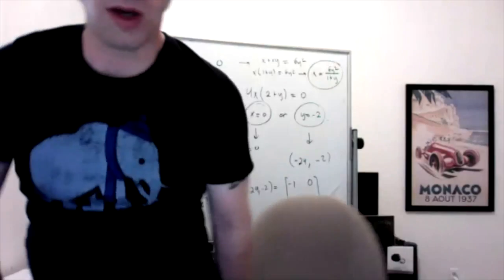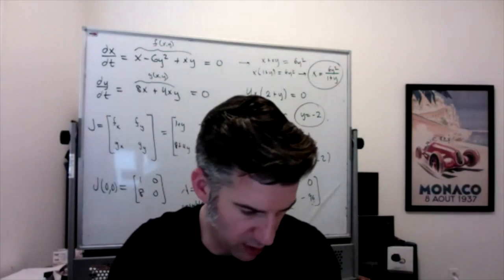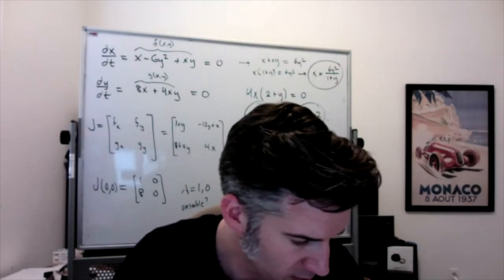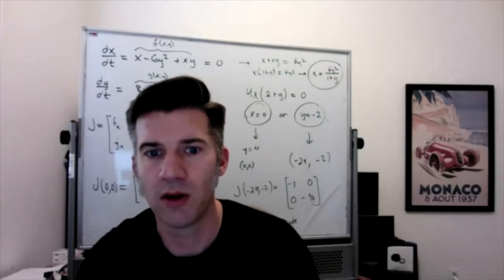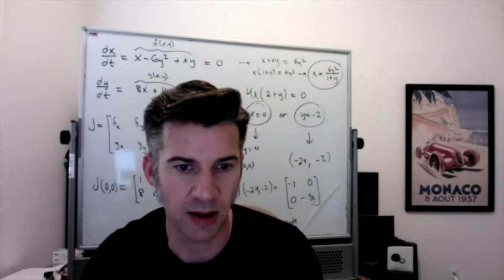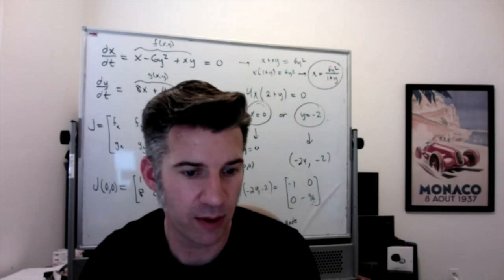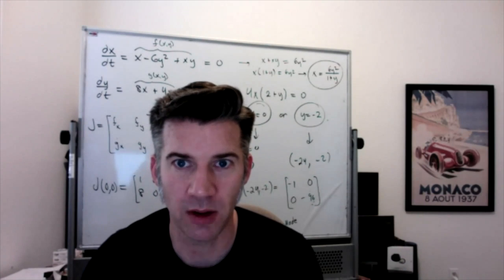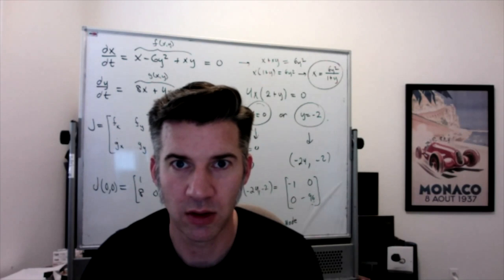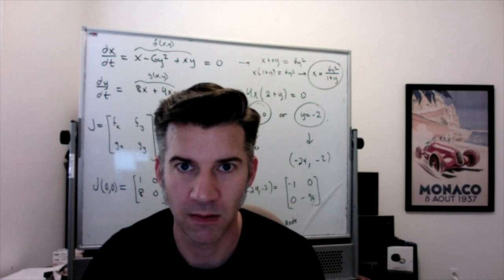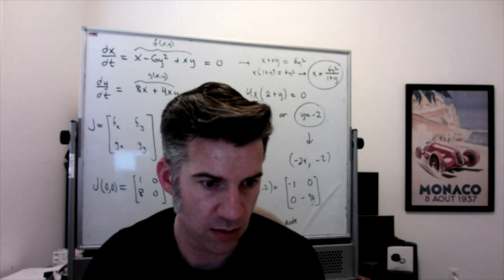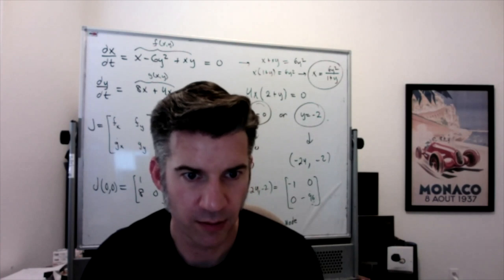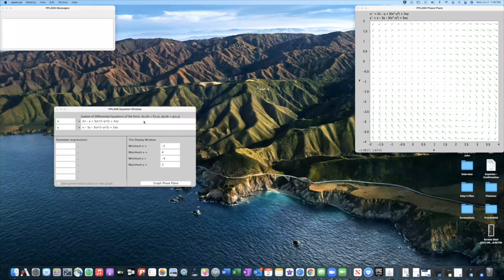Let's go ahead and take a look, might as well see what this looks like, because I always think that's kind of helpful. So let me share my screen with you guys. Go ahead and type in these differential equations.